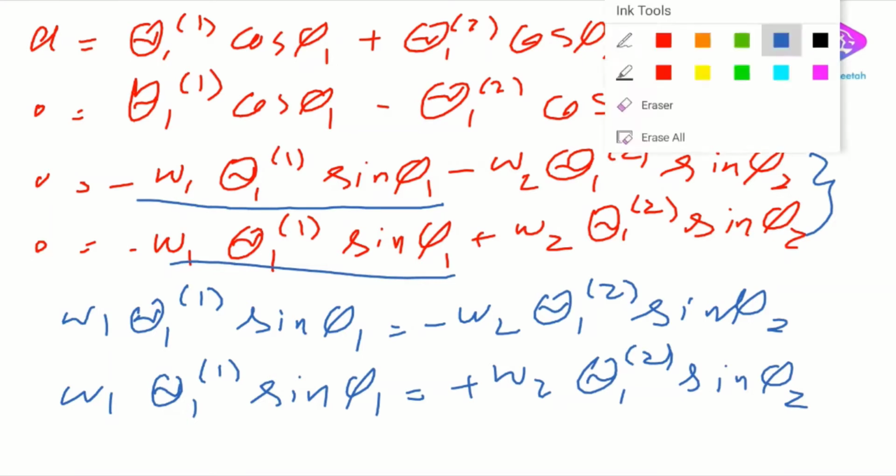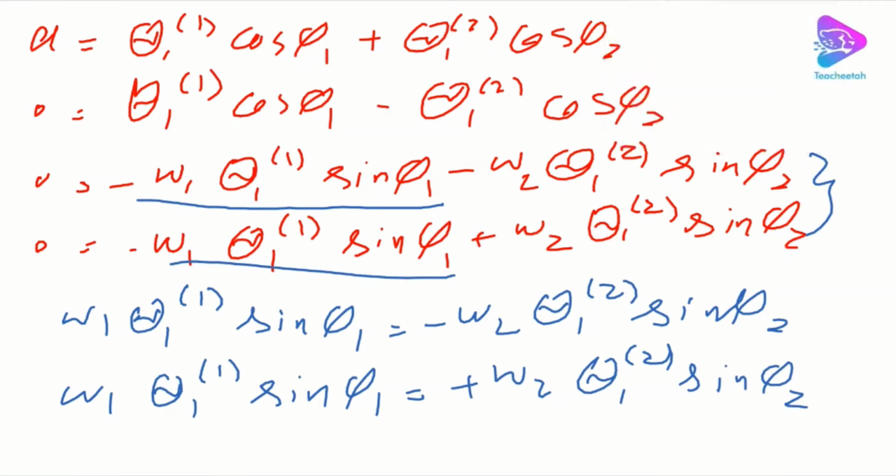So if we compare these two equations, what do we find? These are identical. One of them is equal to minus of this, the other one is equal to plus of this. What does it mean? The only thing that is valid is all of them are 0, right? 0 equal to minus 0 or 0 equal to plus 0.